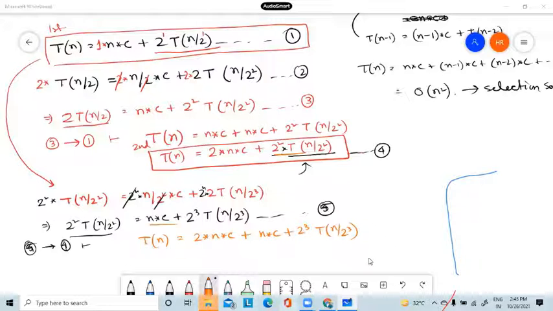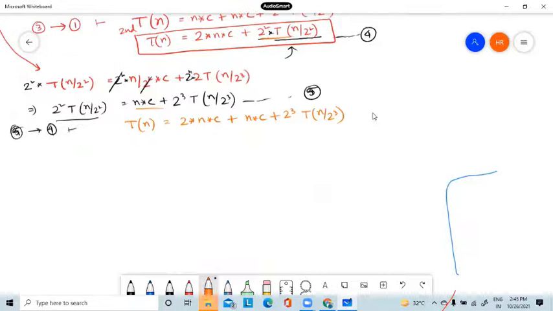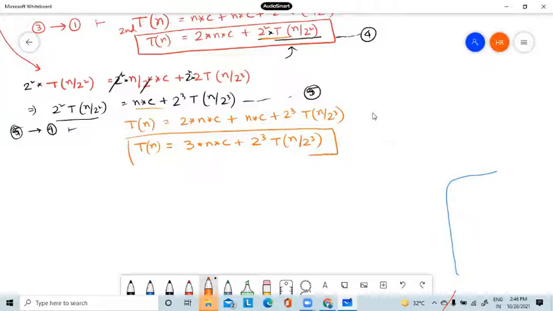Okay. Now if I move forward from this, 2nc and another nc, so it becomes 3·nc + 2³t(n/2³). So this is the equation after the third iteration.